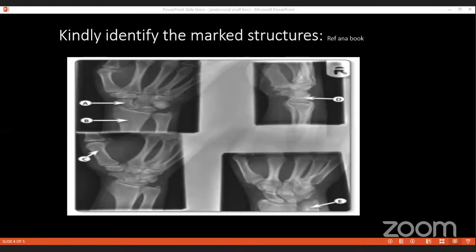Okay, Kohler disease is of the navicular bone. Kienbock disease is for the lunate. Yes, and this is Freiberg's. And what about Dies disease?